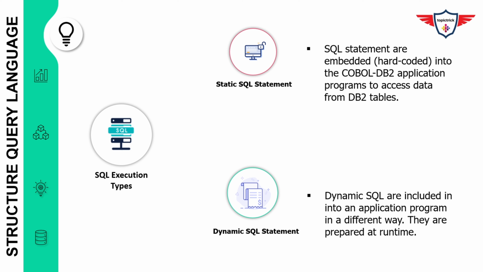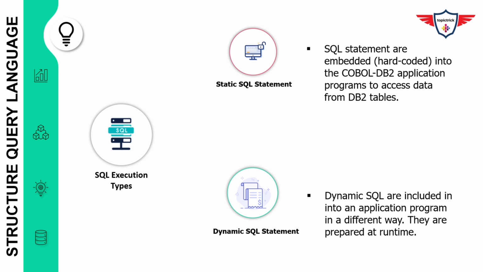For example, in our case, we are using a COBOL DB2 application. So these SQL statements will be embedded into your COBOL program so that it can access data from the DB2 tables. Dynamic SQL statements are also included in the application program, but they are included in a different way. In fact, they are constructed by an application program during runtime.